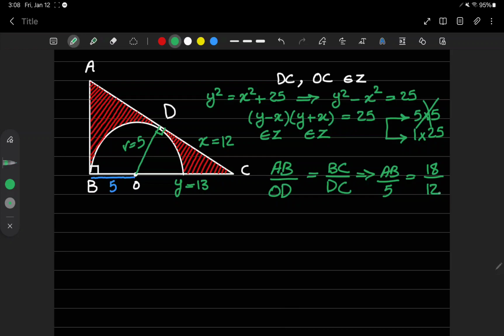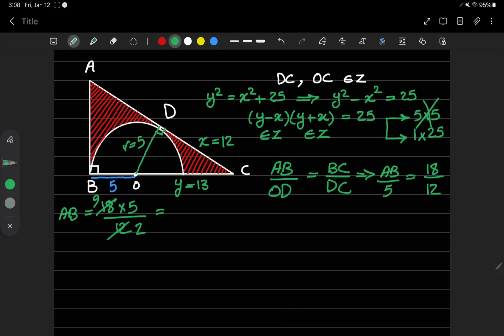DC is 12. So here we have AB equal to 18 multiplied by 5 divided by 12. If I divide this by 6, we have 2 and this 9.